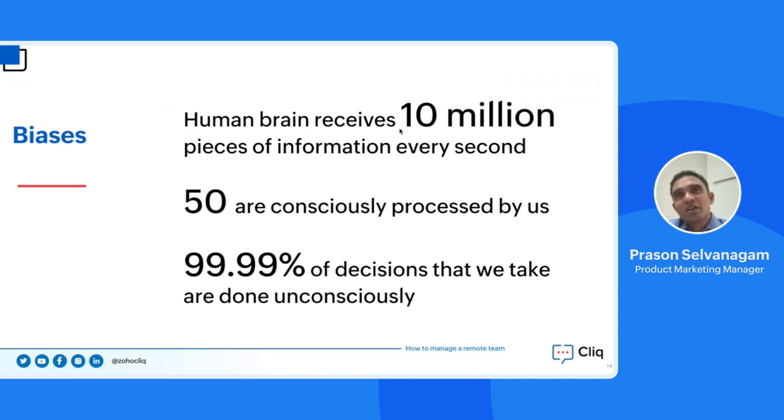That means almost every decision that we make is done unconsciously. In other words, there is an unconscious bias that is working, that is guiding us in taking decisions. So it is really important for us to understand what kind of unconscious bias drives us.